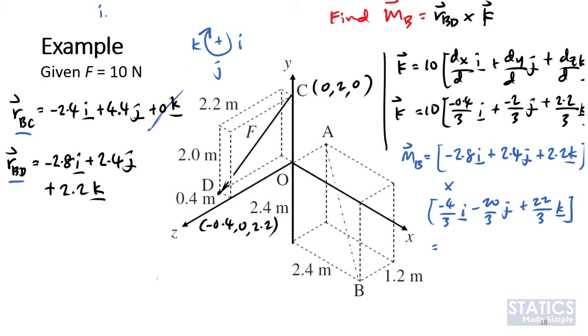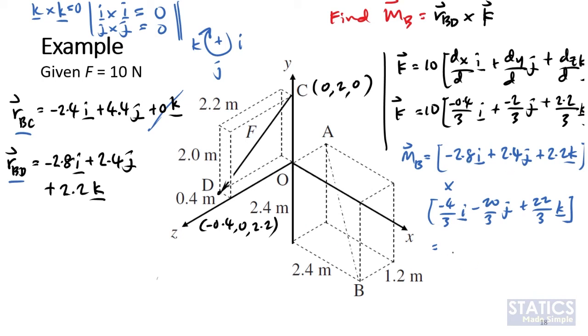If you cross product i with i, you'll end up with 0. j with j will give you 0 as well. k with k is 0 as well. So you will have values only when you cross product in between i, j, k and not with itself. So i must be cross product with j and k, not with i.